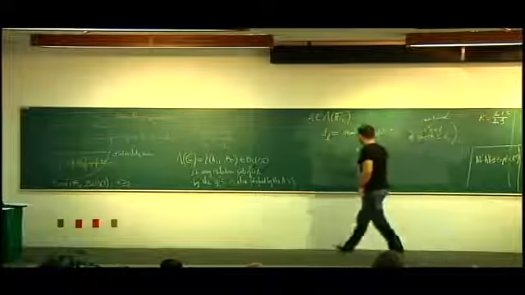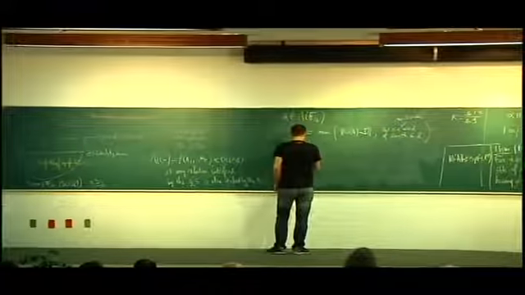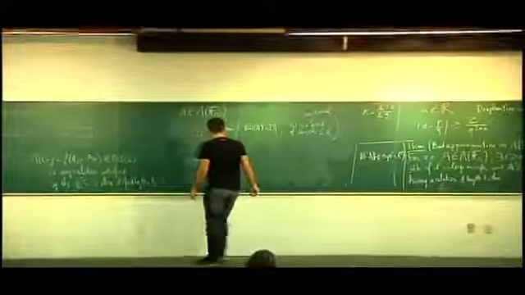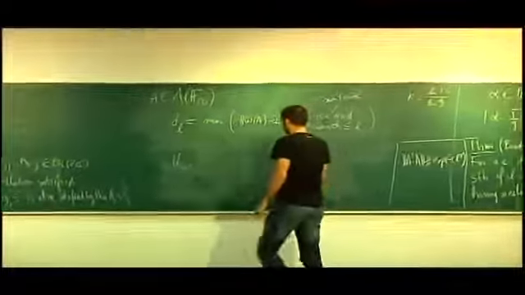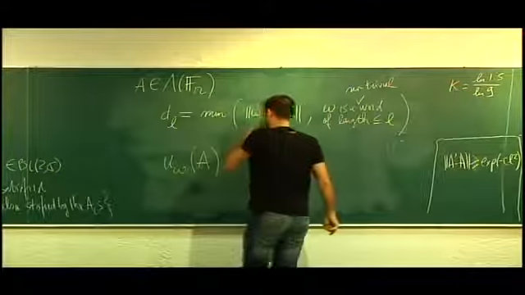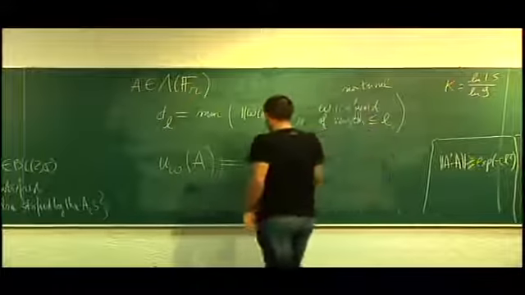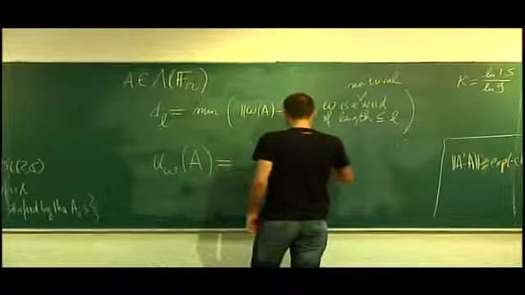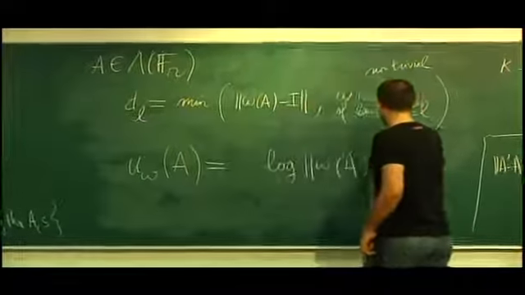So let us introduce the family of functions. For every word omega, let us consider the following function. We take the log of the distance between omega of A and the identity.